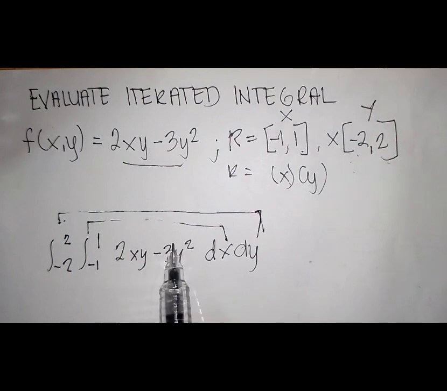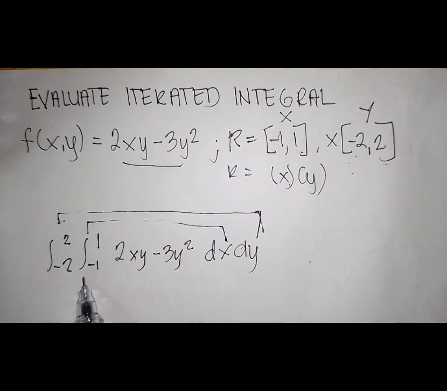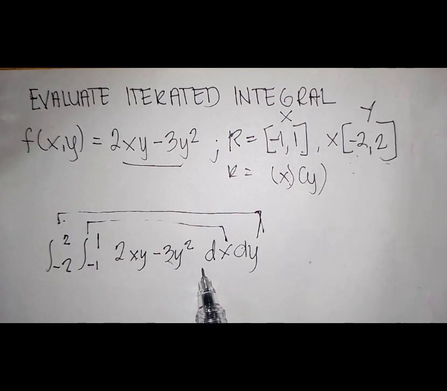Working from the inside, the integral of negative 1 to 1 of 2xy minus 3y squared dx. We're integrating with respect to x first, and we're holding y as constant.